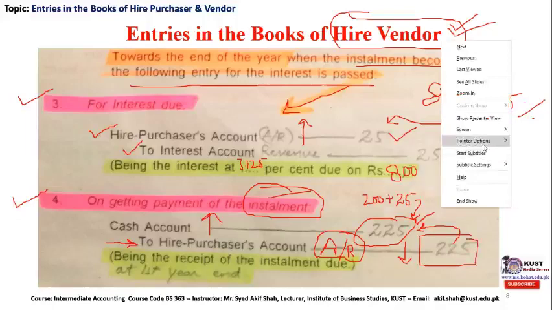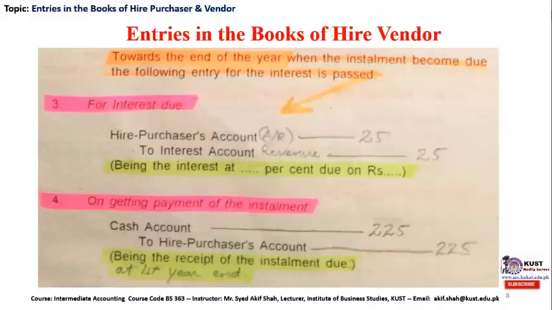We have done the same by putting a credit entry against the hire purchaser, which is account receivable in the books of vendor account. And the short narration says, being the receipts of installment due at first year end.